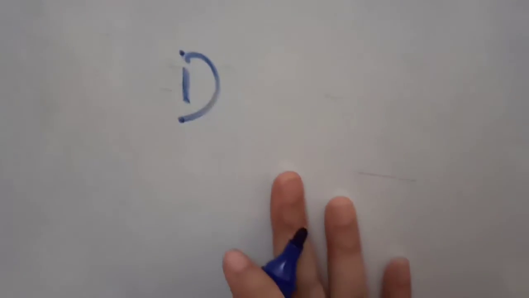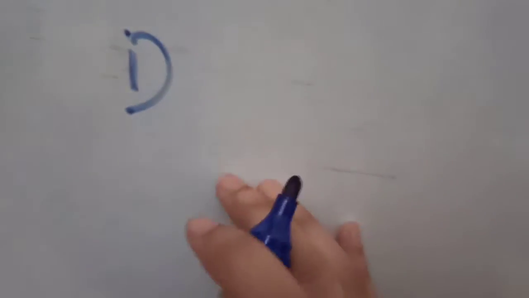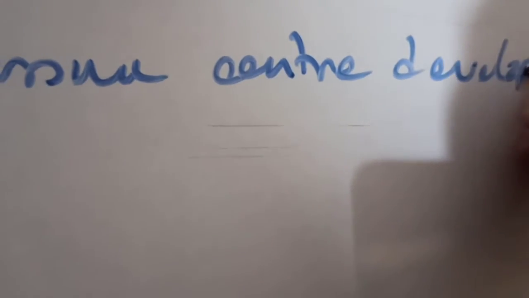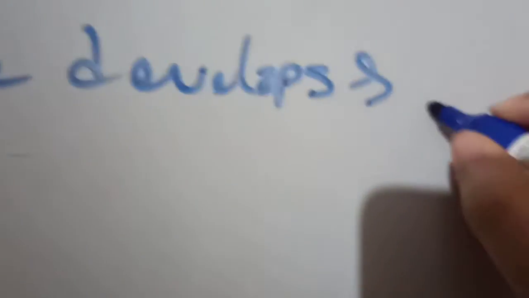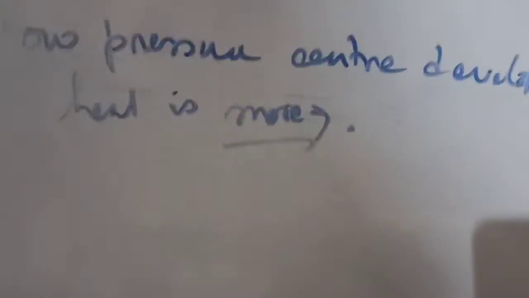So point number one is that when a low pressure center develops, the amount of heat over there is more, and as a result the air from the surrounding region starts to blow to this low pressure region.